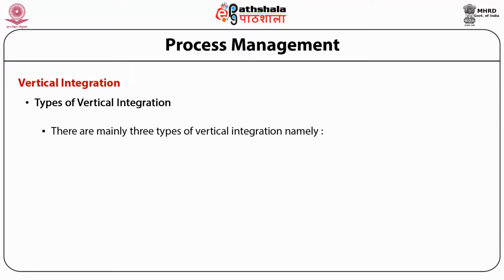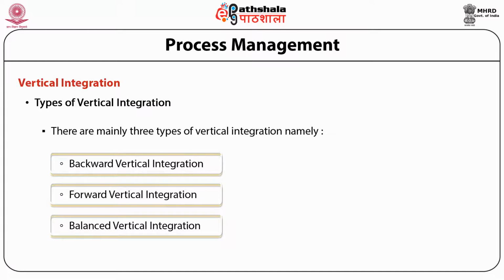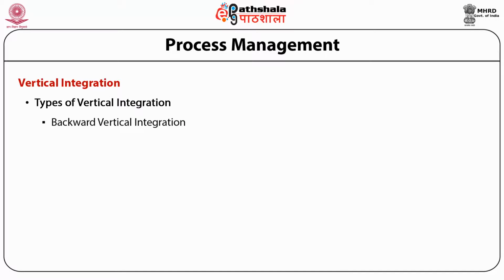There are mainly three types of vertical integration, namely backward integration, forward integration, and balanced integration. Backward vertical integration. Backward integration is also known as upstream integration. Backward vertical integration means the company has control over its subsidiaries that provide some of the inputs used in the production of its products.